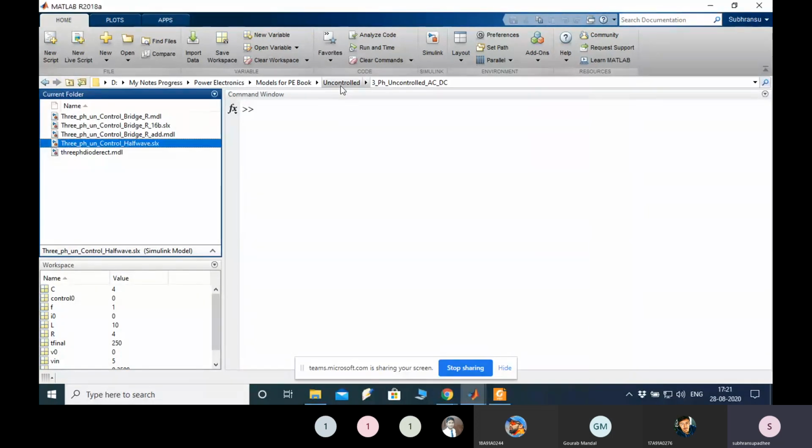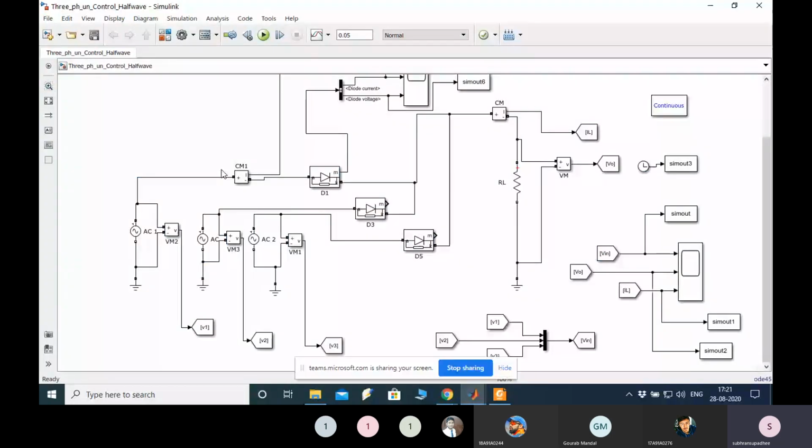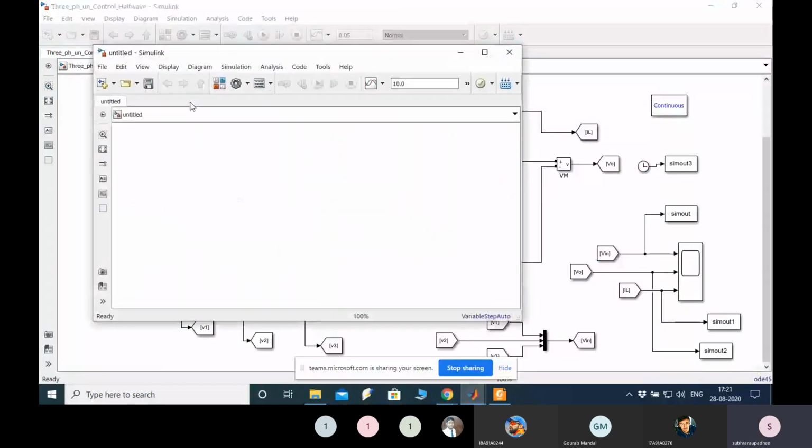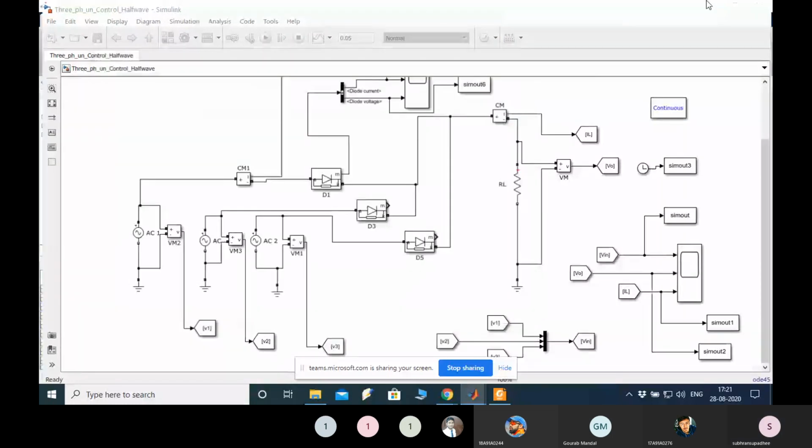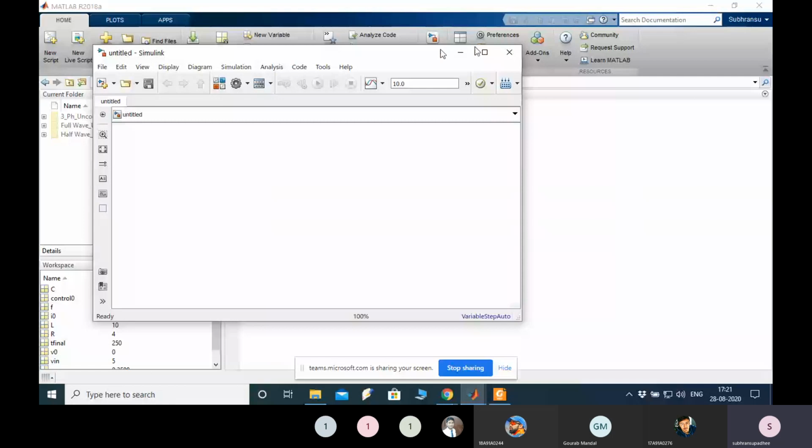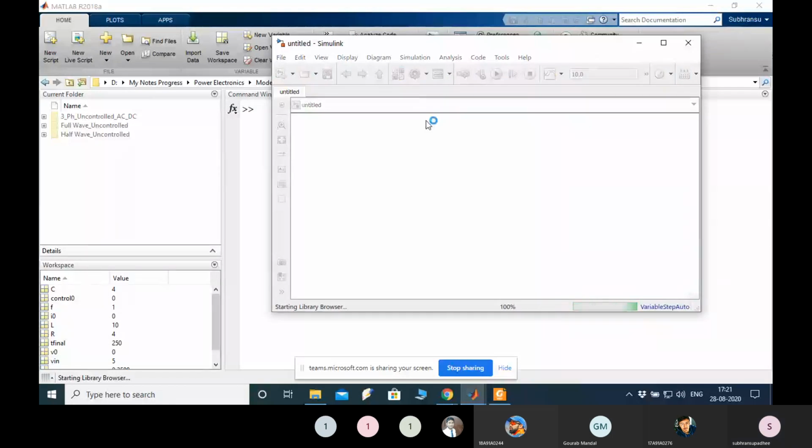Let's create a new file. Open the Simulink library browser.